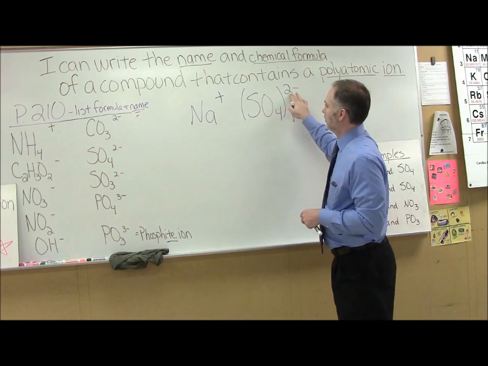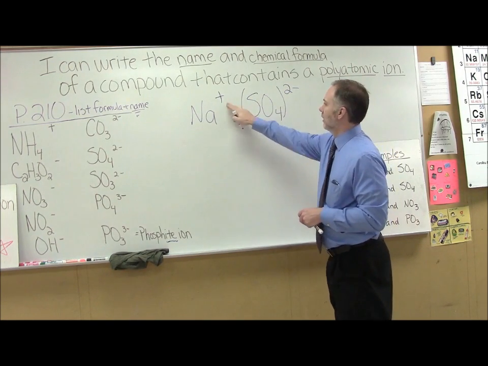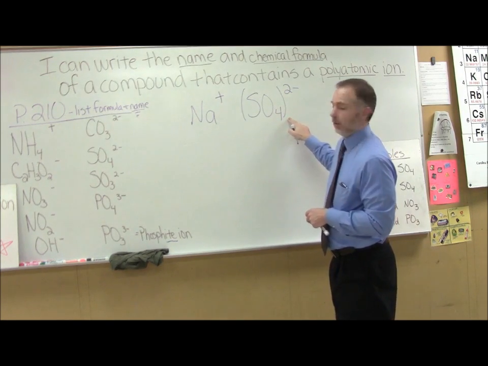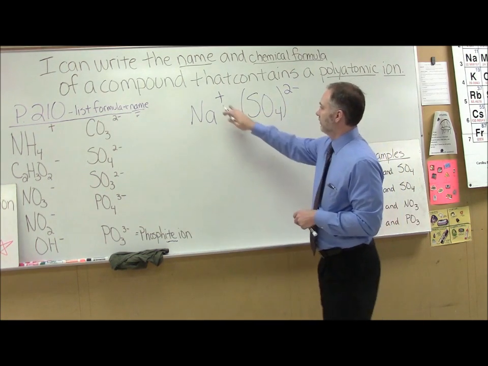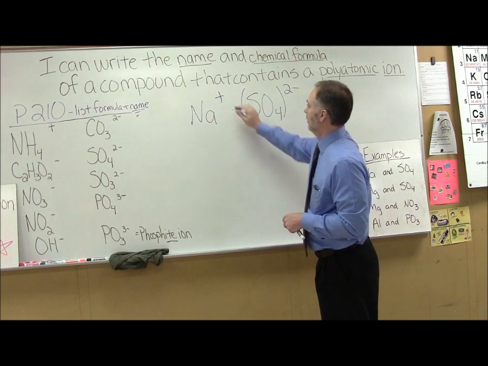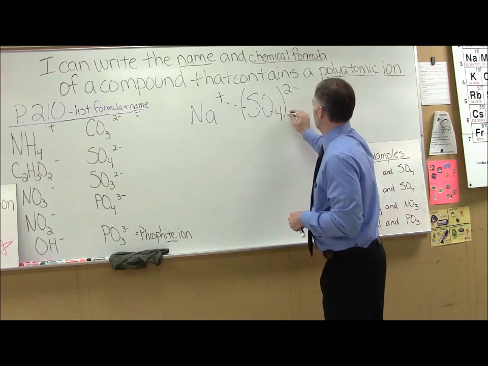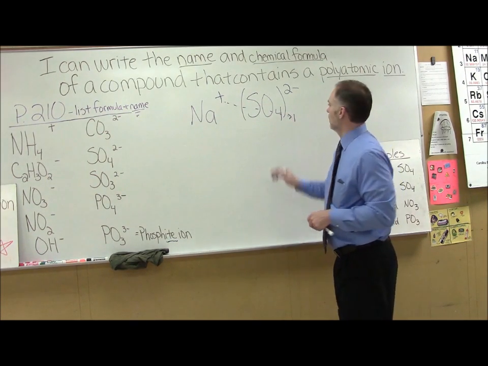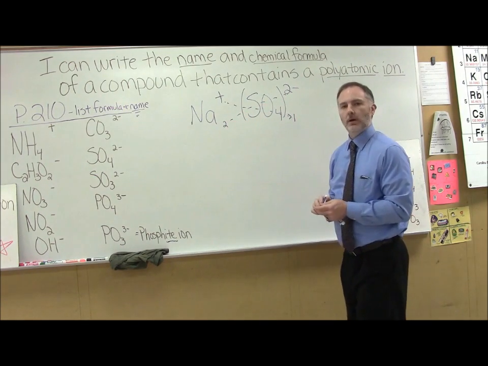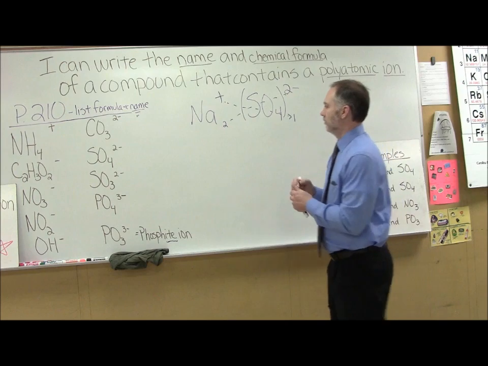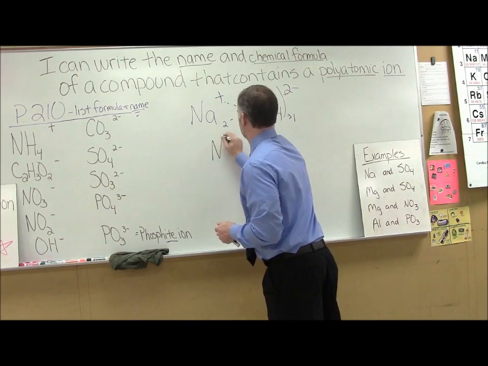And why that's important is when we do our crisscross, the subscript applies to the whole thing in the formula. So we have +1 and -2. We crisscross. That 1 goes down there, that 2 goes right there, and we rewrite this.